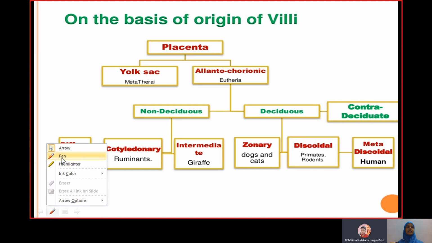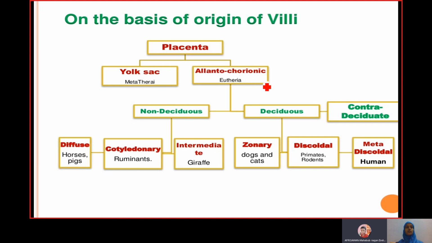If it takes from the layers, it is an allantochorionic placenta. Yolk sac placenta you can find in metatherians. Allantochorionic placenta you will find in eutherians.